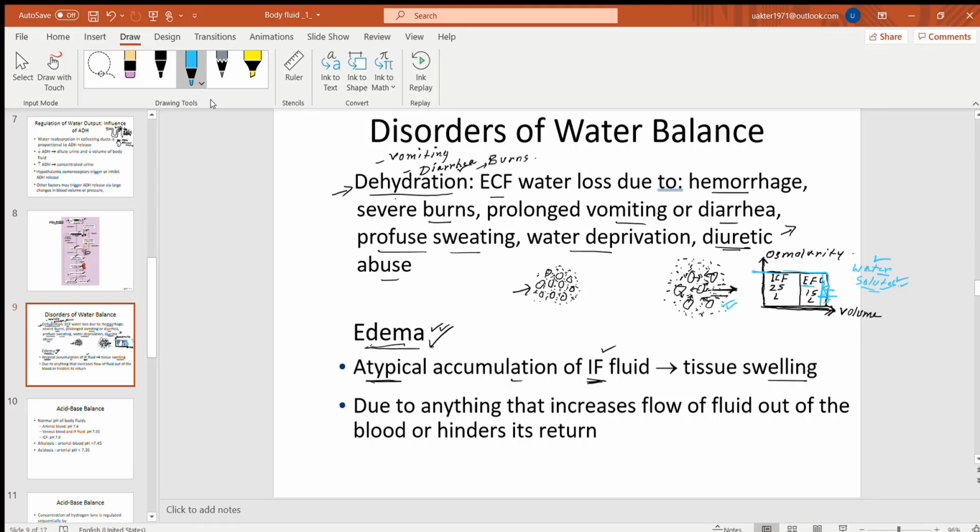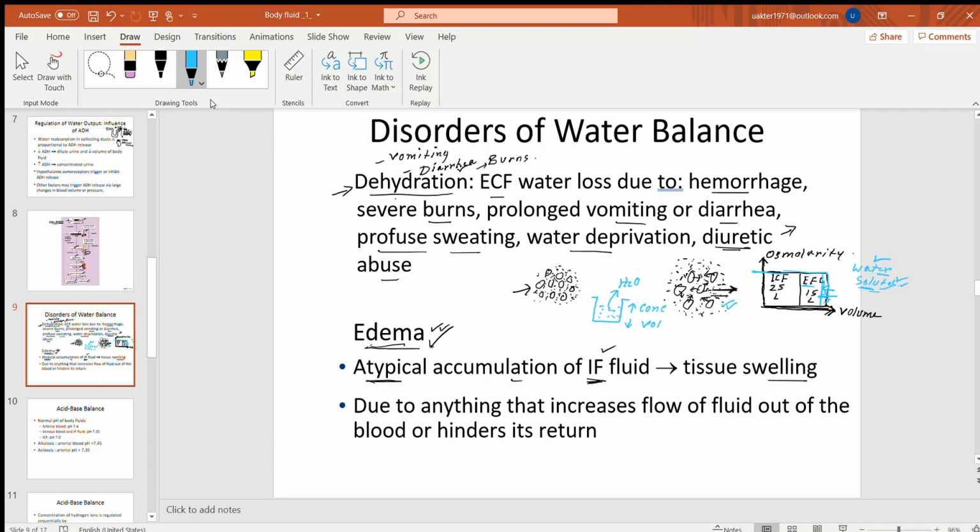It's like I mentioned before, if you have a glucose solution here and you take only the water out, the concentration will go up and the volume will go down. The concentration will go up, the volume will go down. Makes sense, right?